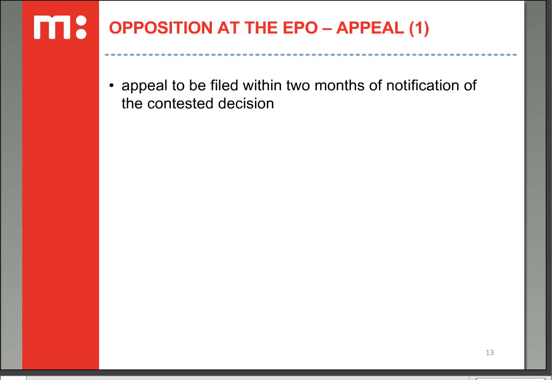So 2 months after you receive the written grounds of the opposition division's decision in your case, you have to file the appeal and you have to pay the appeal fee. And to be honest, it's not a very high fee. For a large entity, it was just raised to 2,255 euros, and small entities, small and medium-sized enterprises, universities, and private persons can get it for 1,880 euros.